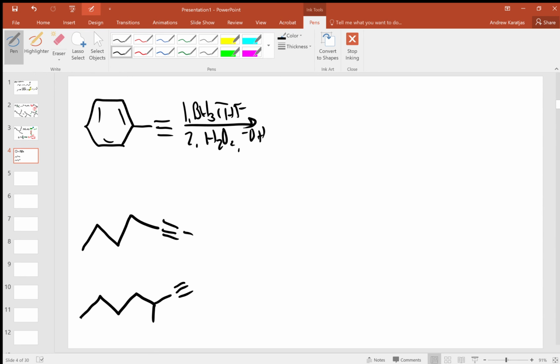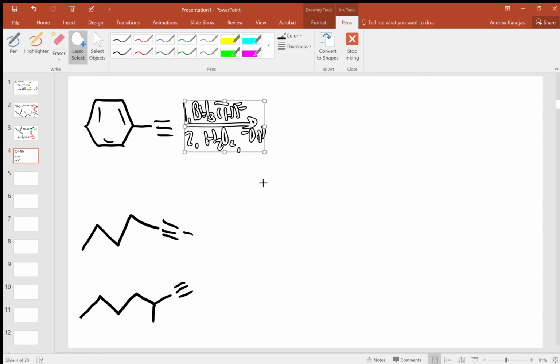We're going to ultimately form a carbonyl, and that carbonyl will be on the less substituted carbon of what was the alkyne.